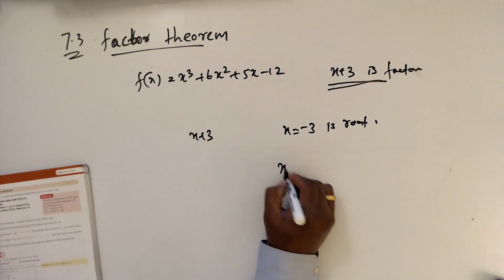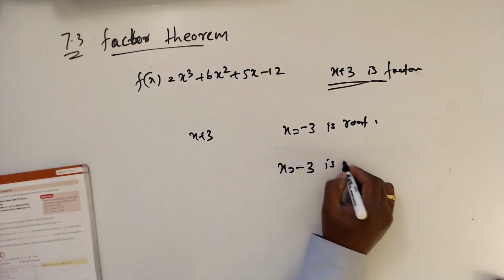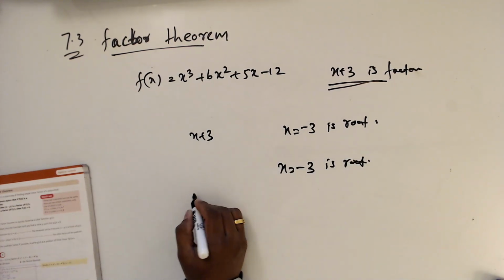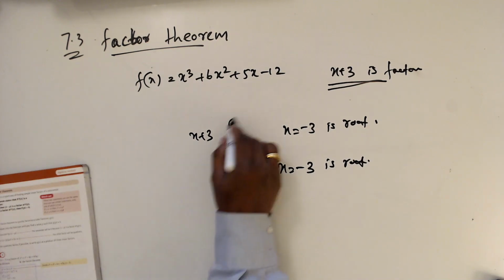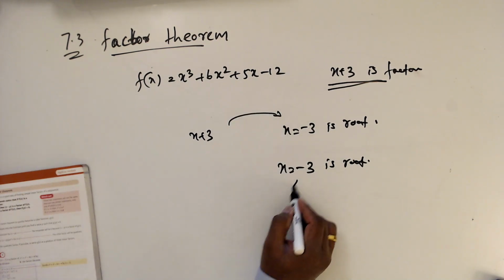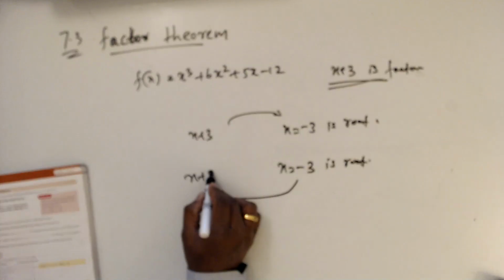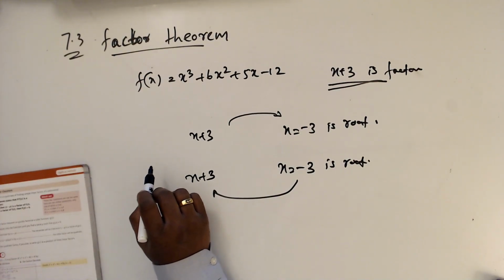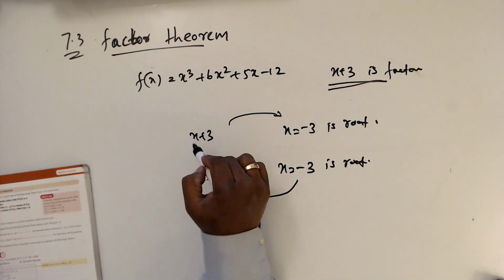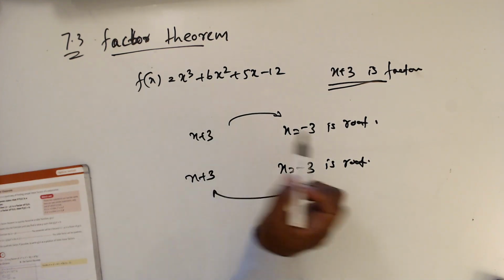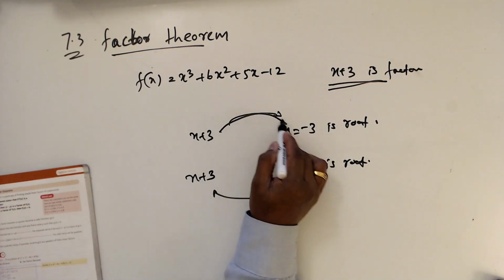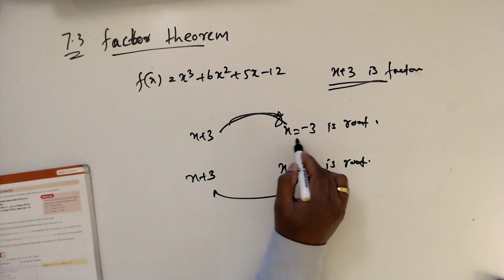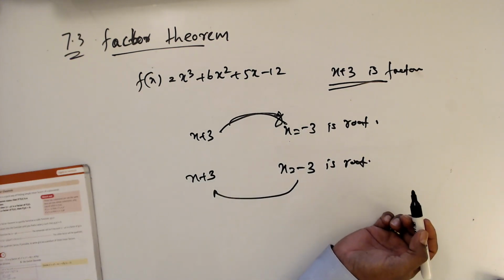I will tell that x equal minus 3 is a root. What is the meaning of this one? You can tell that x plus 3 is a factor. I will tell that x plus 3 is a factor of this equation. Then what is your conclusion? x equal minus 3 is a root.